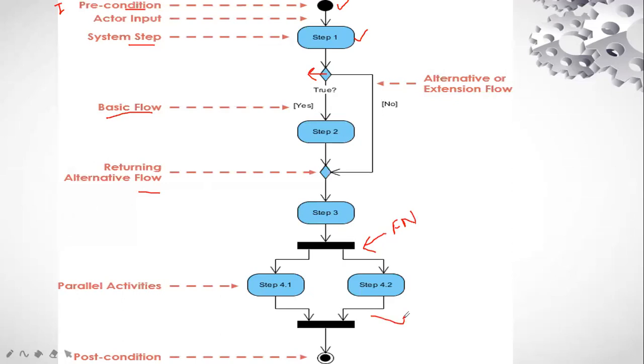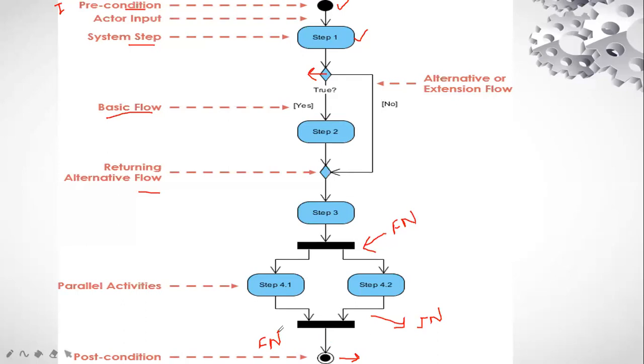This is the join node. That means both of the parallel activities are coming together in one node. And the last one we have is the post condition, or it is also called the final node.